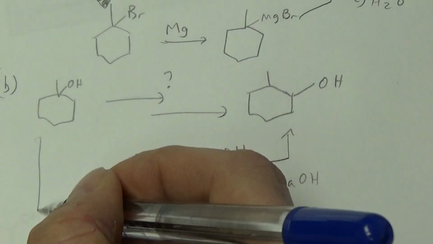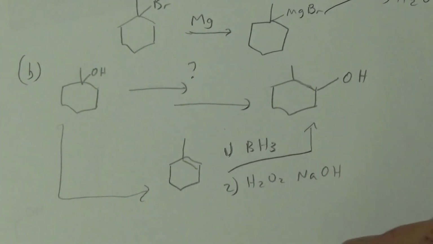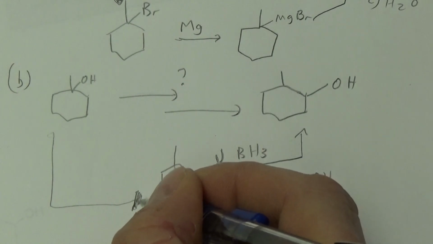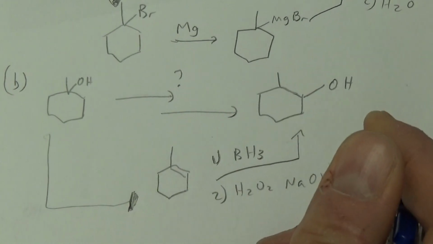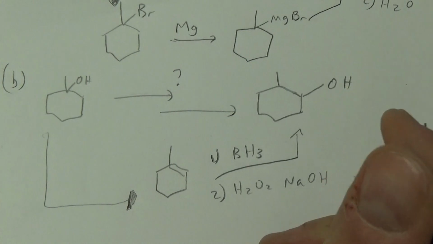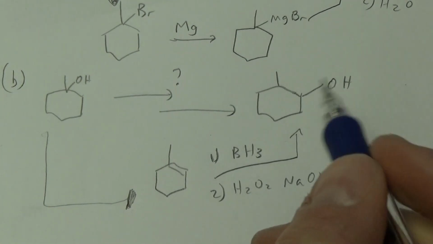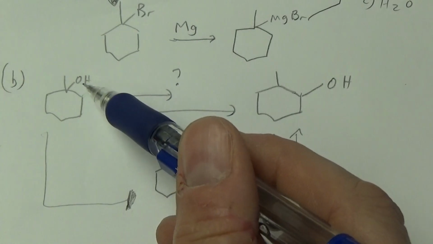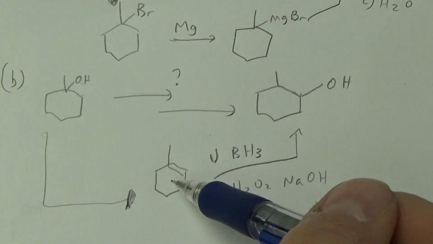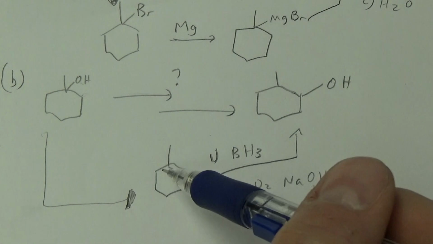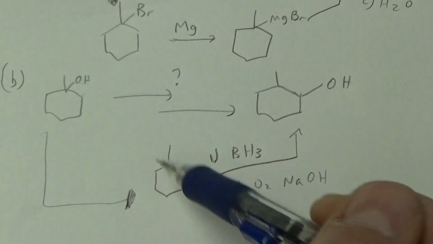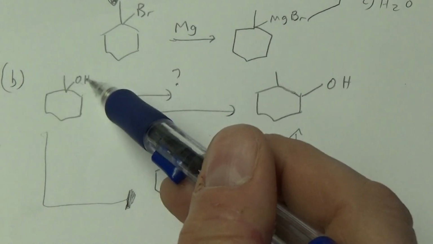But how do we go this way then? How do we make the alkene? Well, this I guess would be chapter 9. In chapter 9 we talked about reaction of alcohols to make alkenes, and we wouldn't use a nucleophilic acid like HBr, because if we did HBr you would just turn the OH into a Br, right?